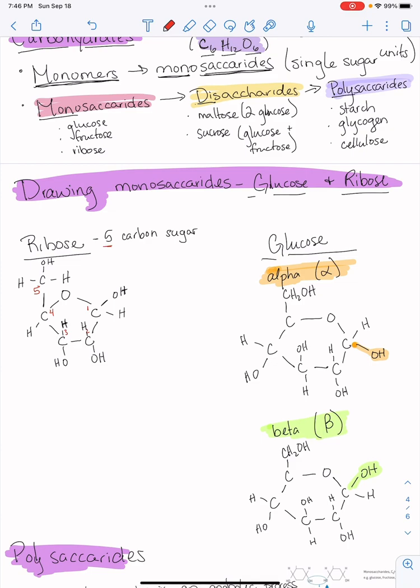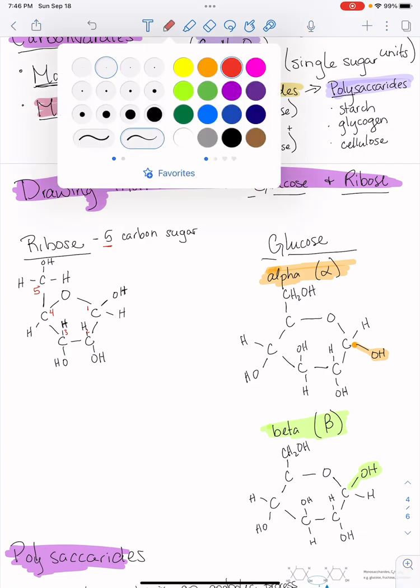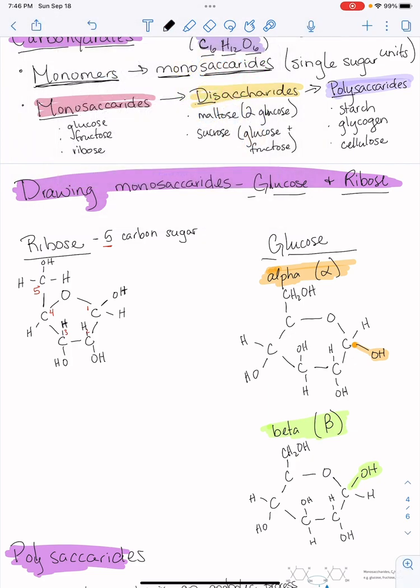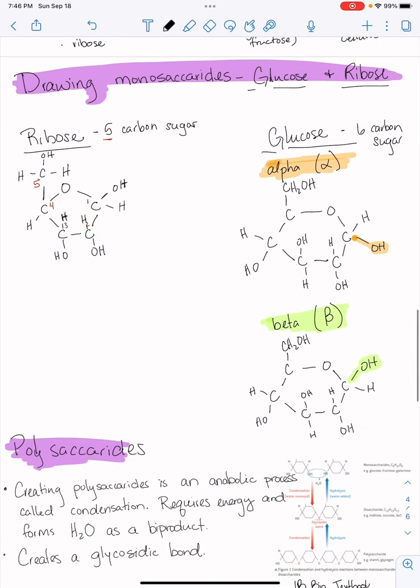Okay, and then glucose. Glucose is a little interesting. It is a 6-carbon sugar. And technically, there are 2 forms of glucose. I'm going to draw it right here and count my carbons.